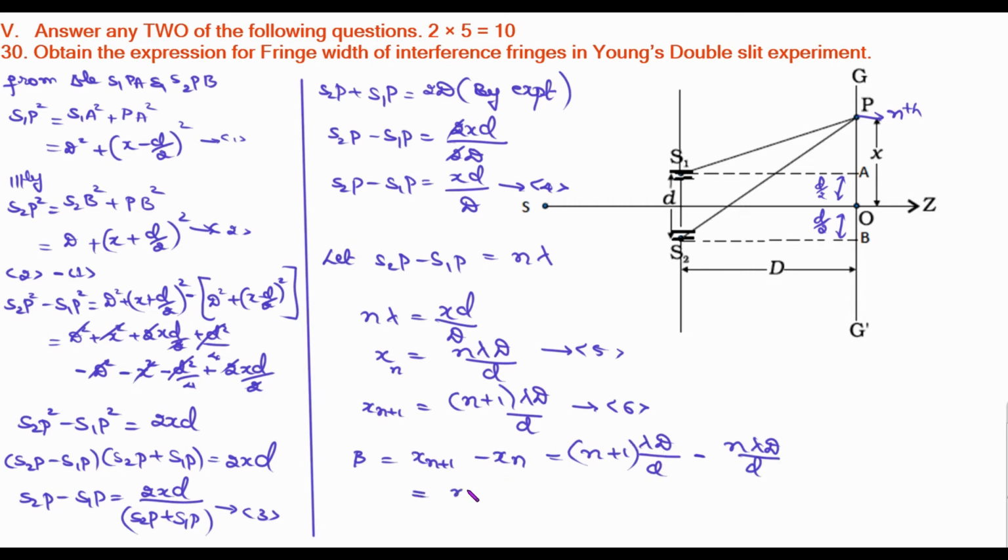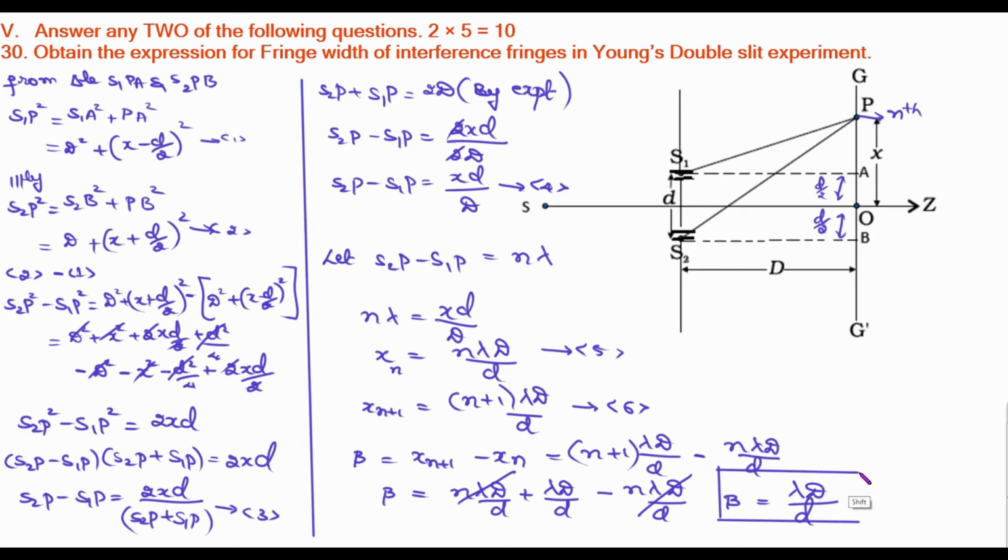Multiplying further, lambda D by d minus n lambda D by d. So this and this will get cancelled and you will have beta value as lambda D by d. So this is the final expression for fringe width using Young's double slit experiment.